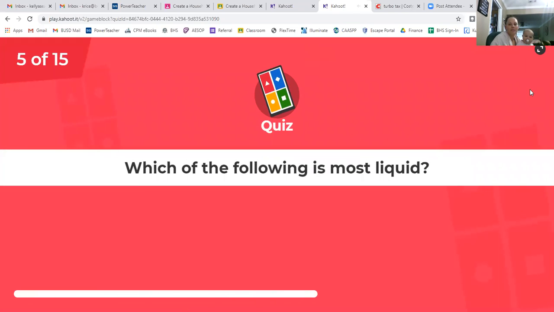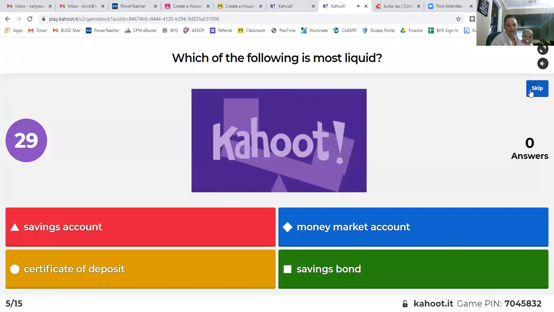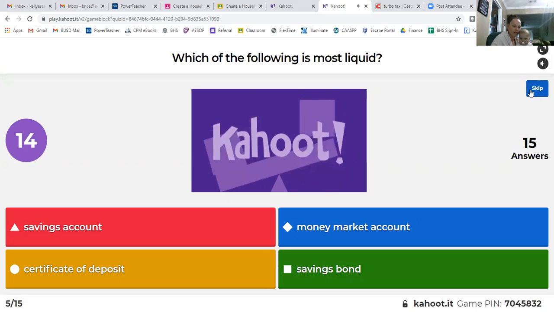Which of the following is most liquid? A savings account, a money market account, a certificate of deposit, or a savings bond? Do you remember what it means to be liquid?